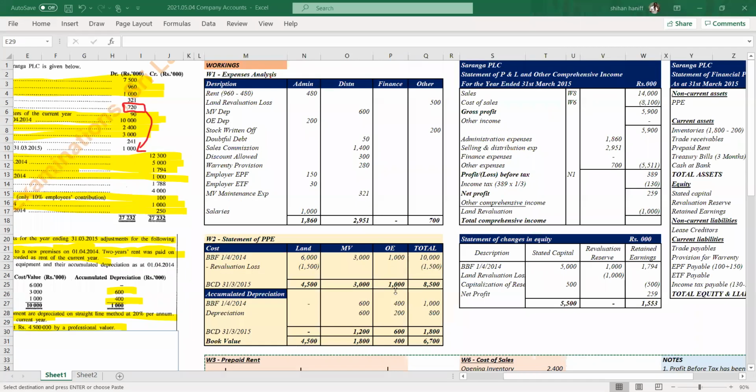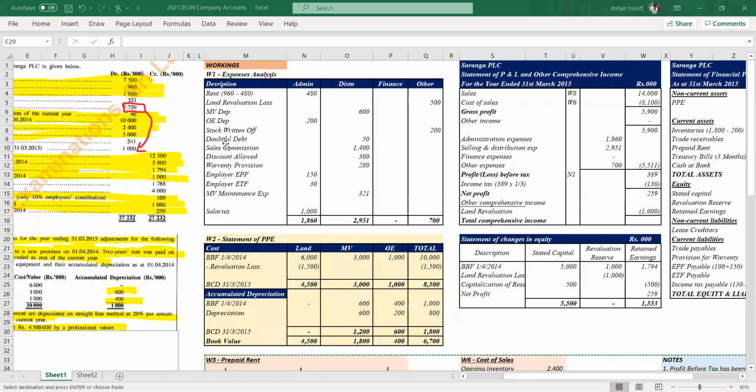Inventory, there was the cost and the NRV was 1,600. So we have to keep the inventory at the NRV. That's why we have deducted 200. Lease interest, I didn't consider this as lease interest because it was a debit balance. I took it to the treasury bills, right?